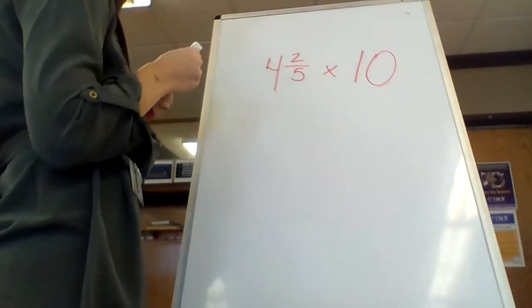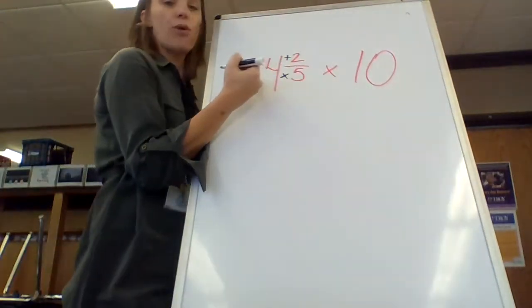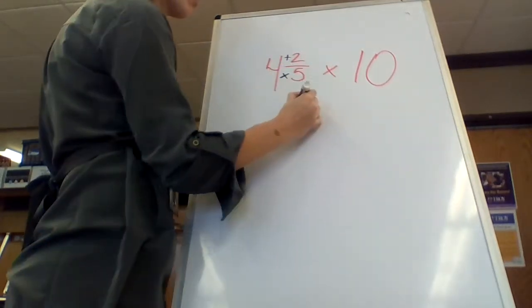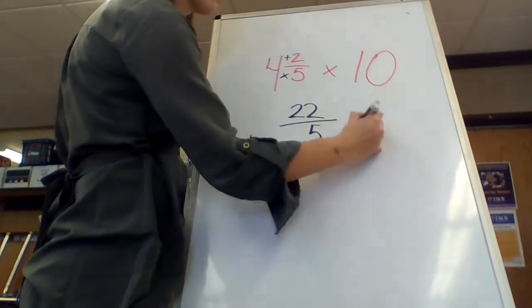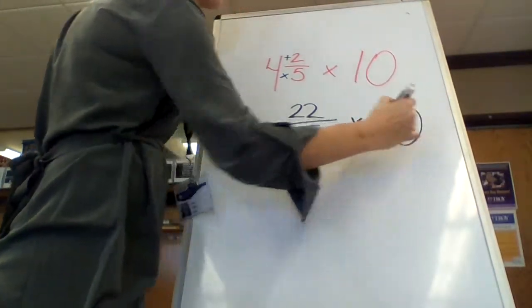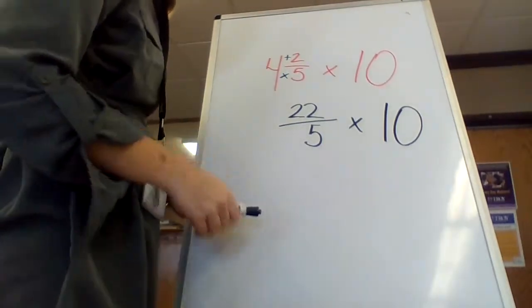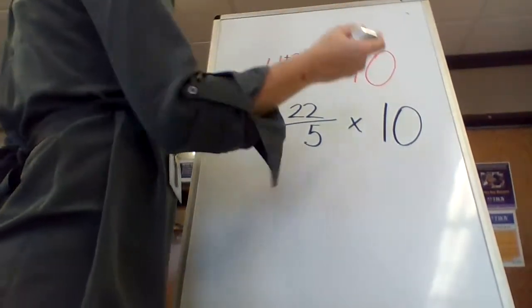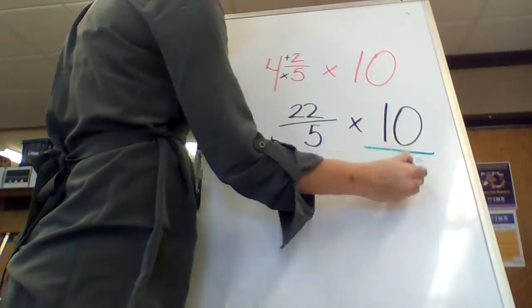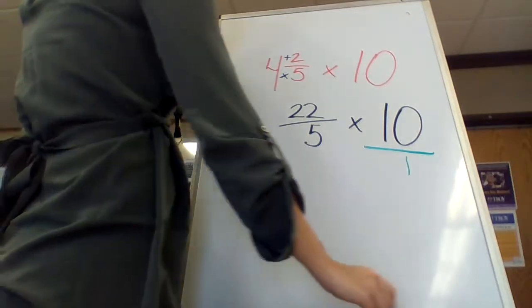I'm going to turn it into an improper fraction. 5 times 4 is 20, plus 2 more is 22. Over 5, bring down that whole number 10. What's that special thing I just told you about with whole numbers? Looking at a whole number is like looking at it as a fraction over the number 1 in the denominator.